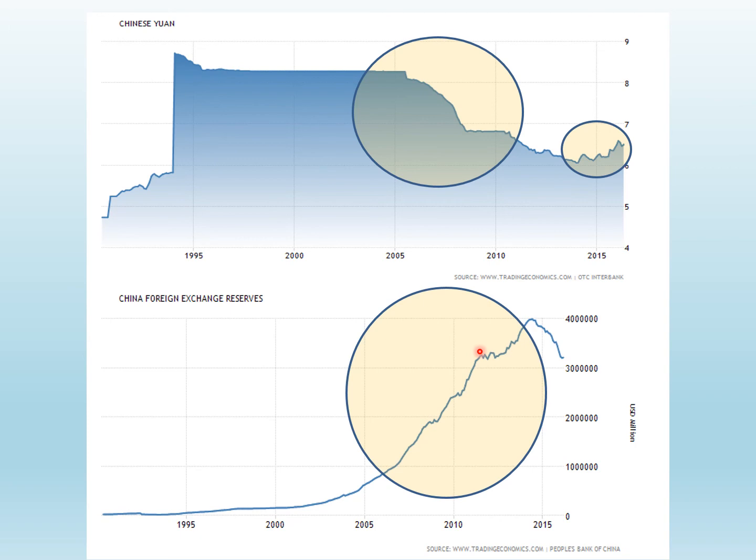Then the yuan begins to depreciate. If you look at this drop over here, you can see that the currency is depreciating. And if you look at what's going on in the reserves account, the People's Bank of China is drawing down on the reserves account. What are they doing? They're defending the yuan. So here we see a depreciation of the yuan, and here we see a defending of the yuan.